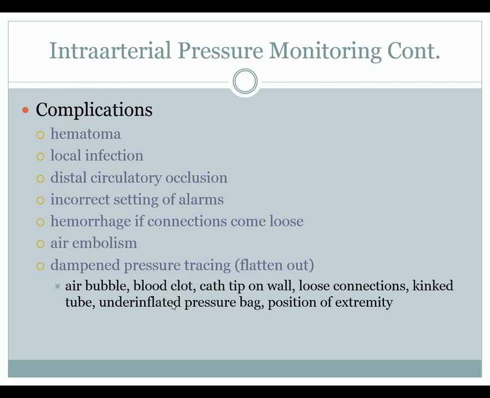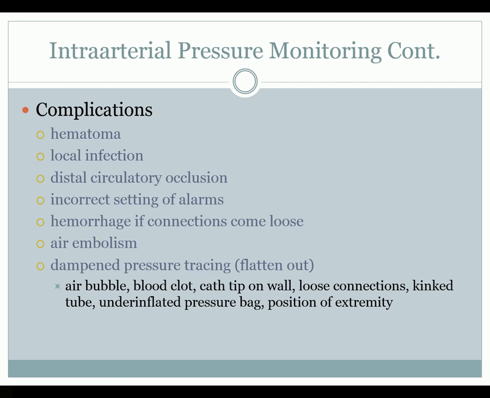Intra-arterial pressure monitoring can have complications. You can see there is a long list of them, from hematomas to infections to occlusions to hemorrhages to air emboli to dampening. You always want to do circulation checks. Check the pulse, check the cap refill, check the warmth of the arm.